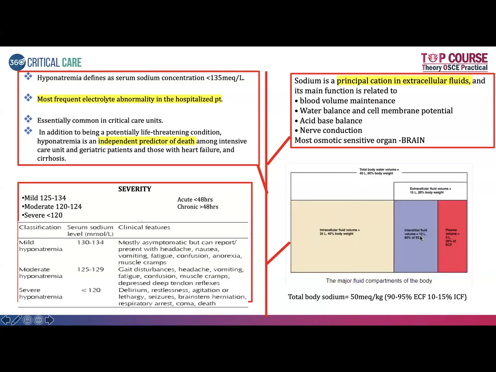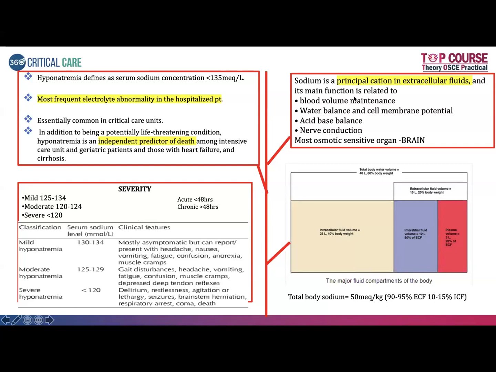In interstitial, approximately 12, and the plasma volume is just 3 liters, that is 20% of the extracellular fluid volume. And the total body sodium is almost 50 milliequivalents per kg, 95% of which is present in the extracellular fluid, and only 5% is distributed in the intracellular space.